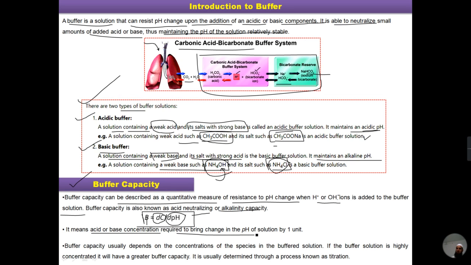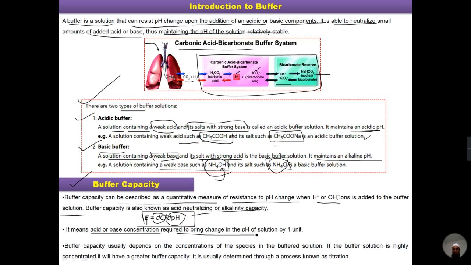What it means? जैसे हमने अभी कहा था, if you have a buffer solution, it has the tendency that it stabilizes the pH. It resists the change in the pH the moment you add the external base or acid to that particular solution. Now, every buffer has some capacity to resist the change. How can we measure that? How can we express that?